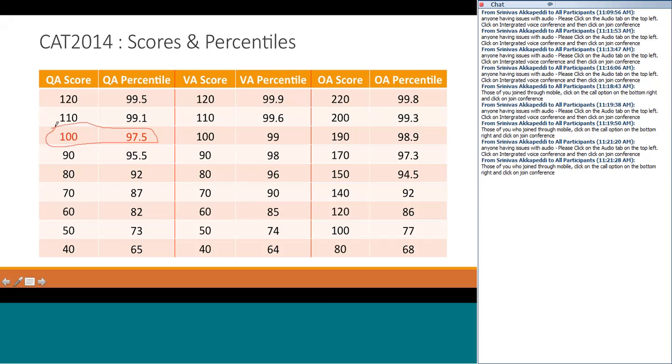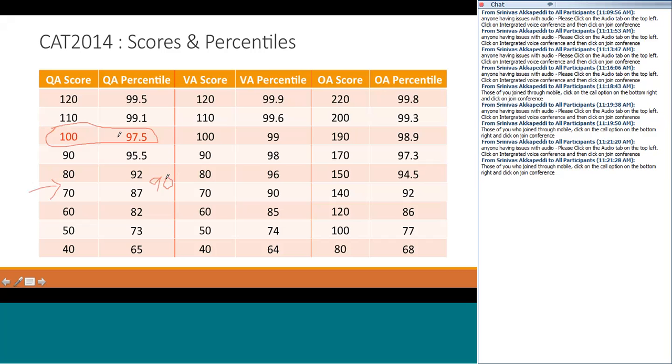Mind you, 150 by 2 is 75. At 75 marks, while I have not put it here, your percentile could be as high as 90.